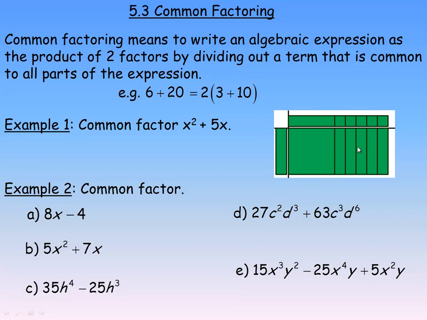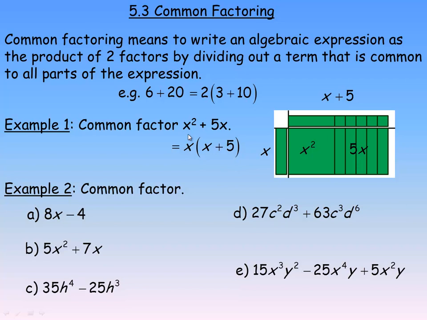If we arrange it like this, this dimension right here would be an x. That would be the width, I suppose, of the rectangle. And this dimension across the top would be x plus 5. There's 5 ones here, so this would be x plus 5. So the factors of x squared plus 5x would be x times x plus 5. So that's how it would factor.